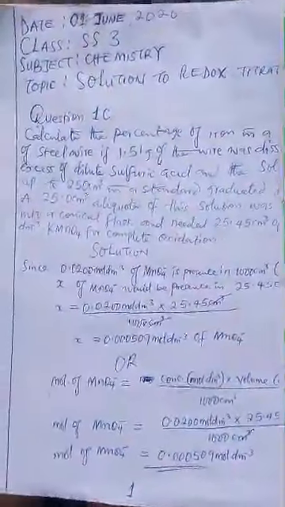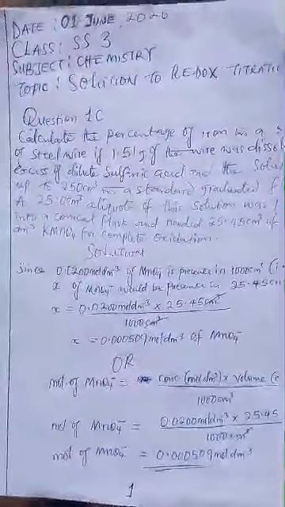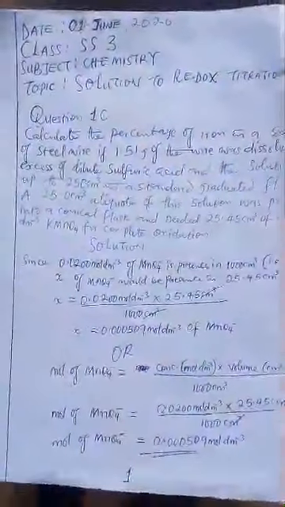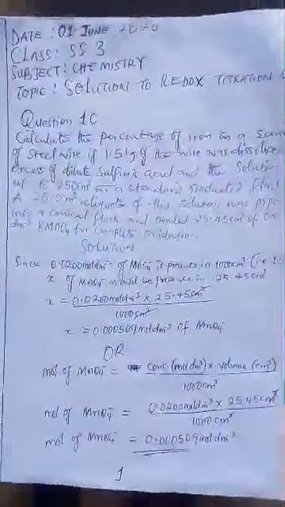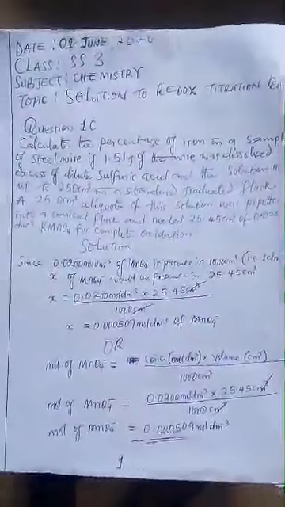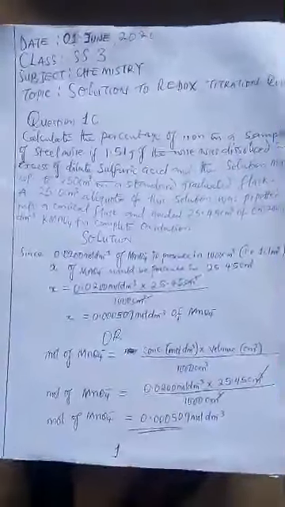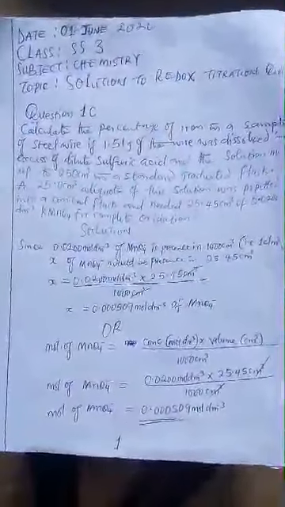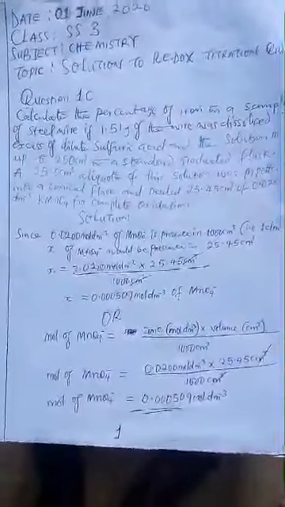wire if 1.51 gram of the wire was dissolved in excess dilute sulfuric acid and the solution made up to 250 cm3 in a standard graduated flask. A 25.0 cm3 aliquot, that is, this 25 was pipetted out of the 250 in the graduated flask.